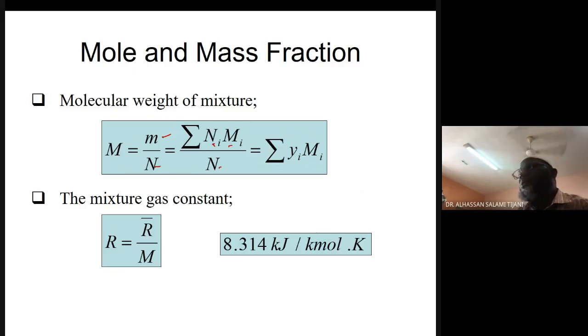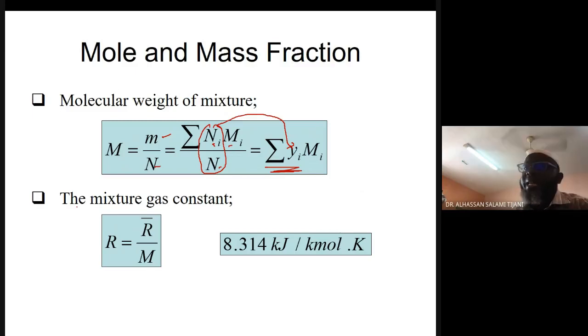Then this equation can be expressed in this form, because N_i divided by N will give us Y, you understand? And M is M. So again, we come to another classical definition.